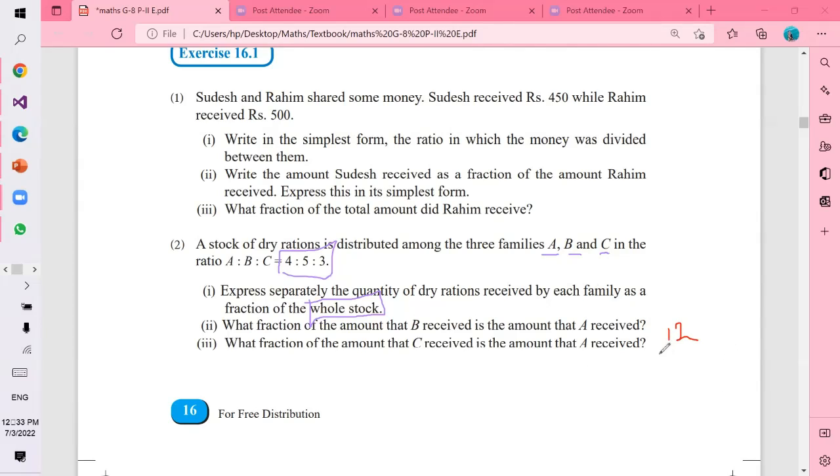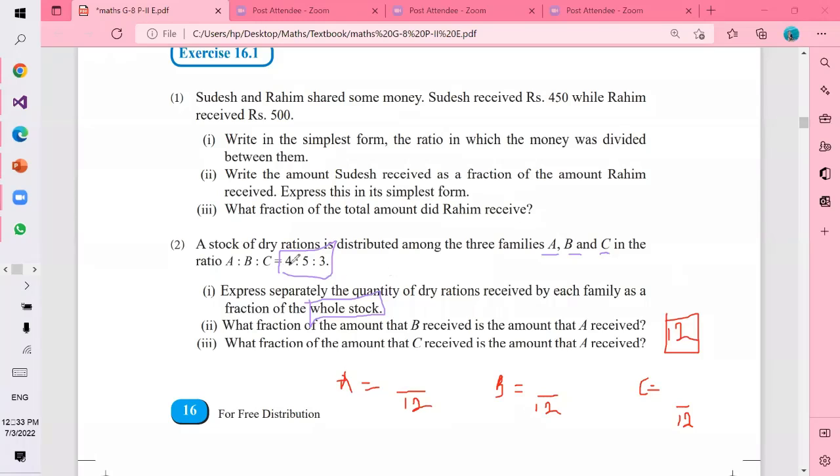12 is the number of the whole stock. So we have to write each of these dry rations as a fraction of the whole stock. That means A equals, B equals, C equals. And we know that the denominator is 12 in all these because whole stock, no? Denominator is 12.